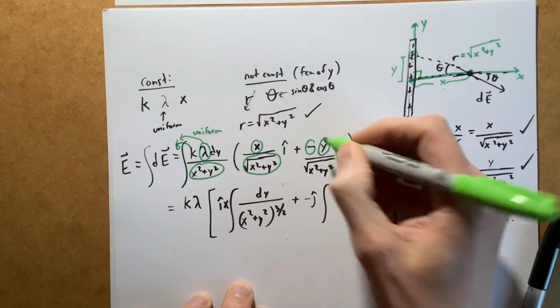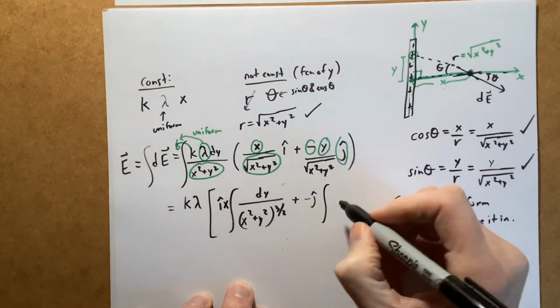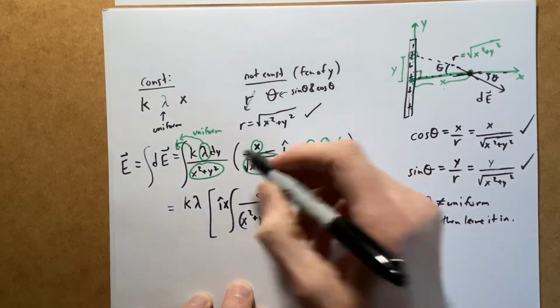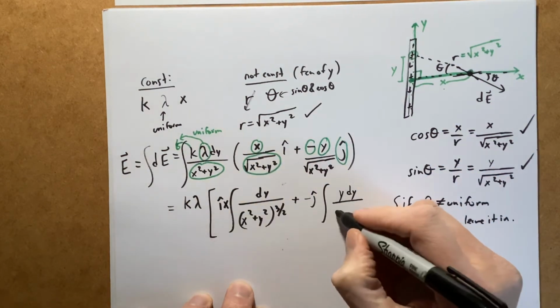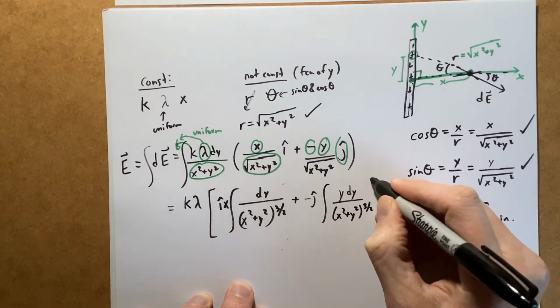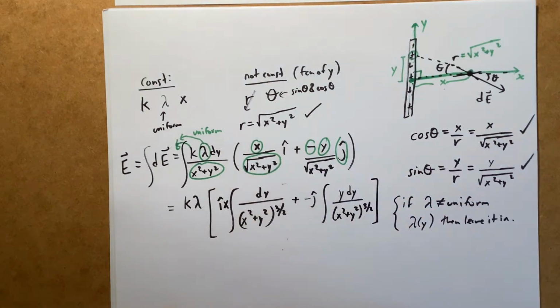Y is what we're integrating over. That changes. So y's got to be in there, y dy, and then same denominator. That multiplied into that gives us x squared plus y squared to the 3/2. And I think finally we are done. So these now are looking a heck of a lot more like the equation math stuff that you see in math class.